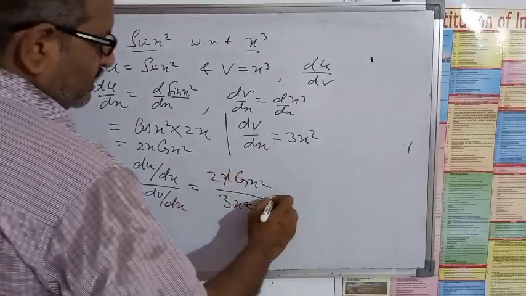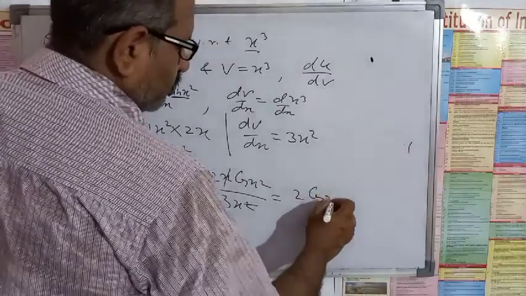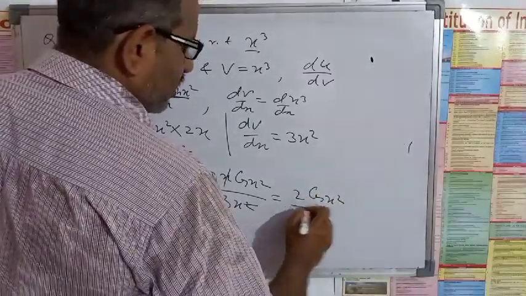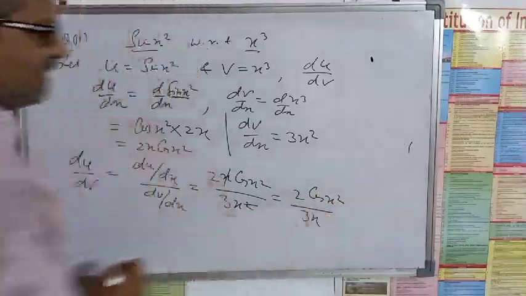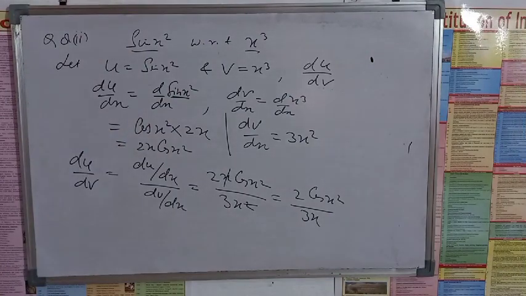One x we can cancel, so 2 cos x square upon 3x. So you have to suppose the first function u, the second function v, and then find du by dv.